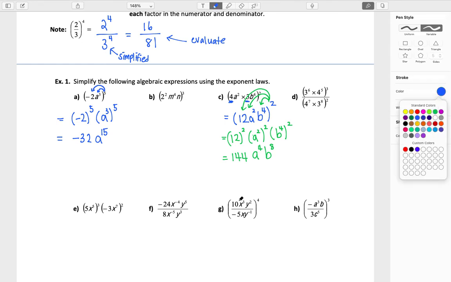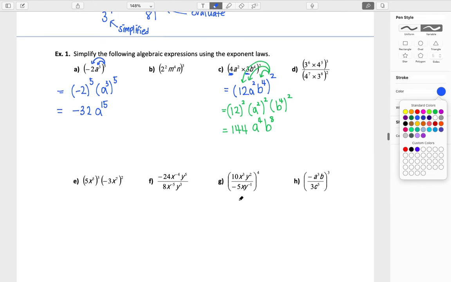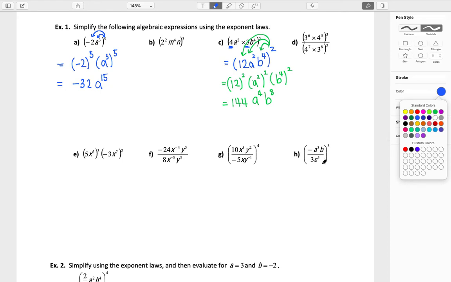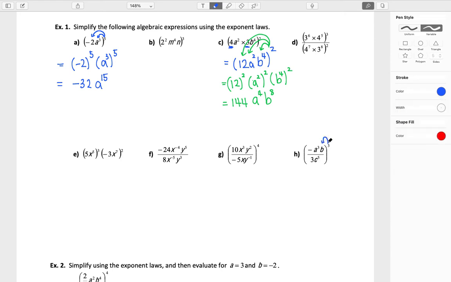Okay. Now let's try letter H here. As you can see for letter H, look inside the bracket, right? BEDMAS. I can't simplify anything because they're all different bases. So what I can do is just apply the 3 to the B, to the negative A to the 3, to the C, and to the 3. Okay?